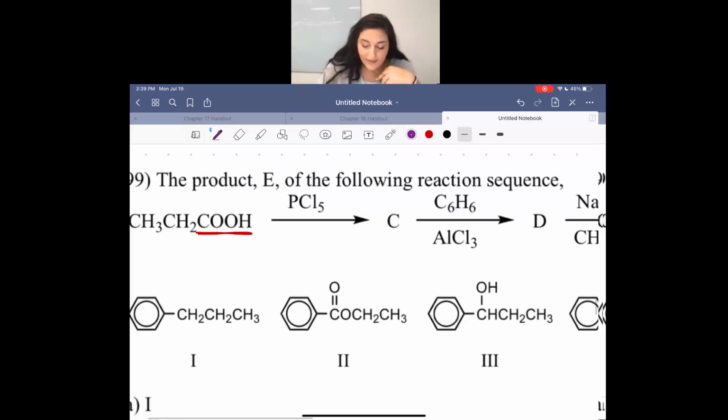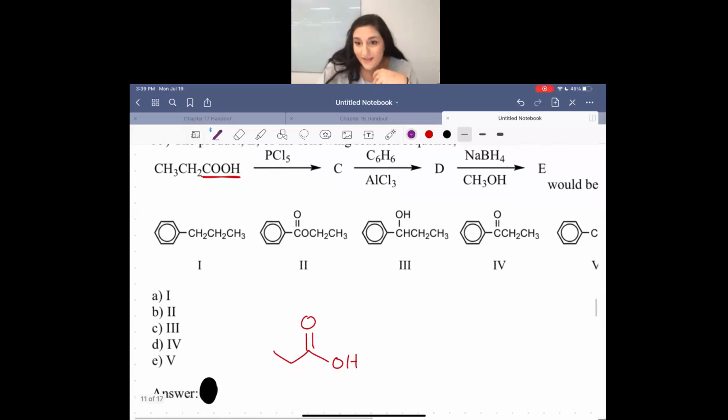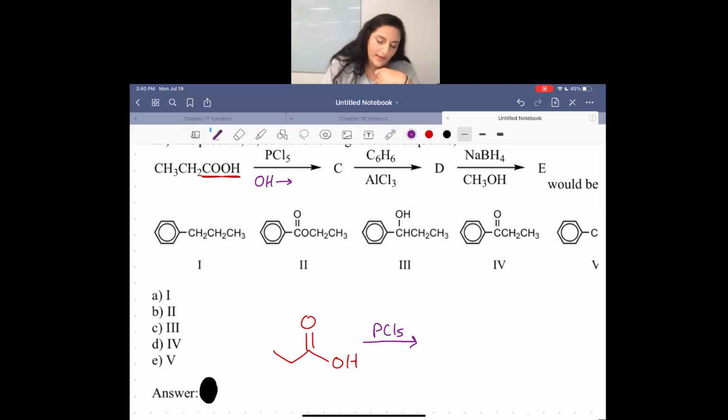But whenever we have an OH, these guys are going to swap OH for a halogen. So that's what it's going to do. We're going to swap the OH for a halogen.